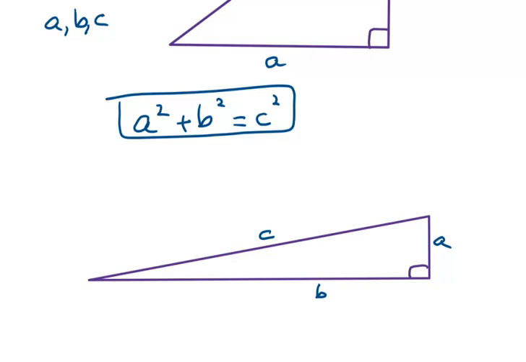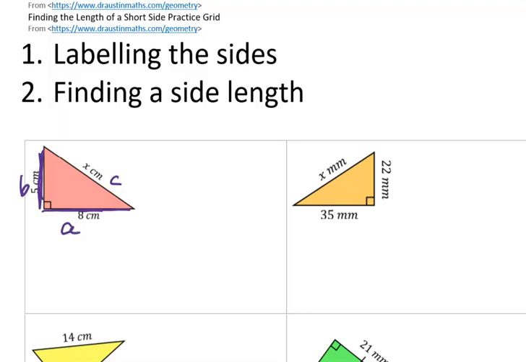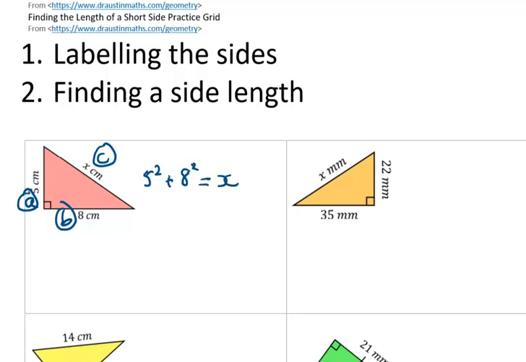All right, let's get into the 6 problems. I've done them up a little bit bigger here, and I've started off with just doing some labeling on this very first one, but let's start from scratch. So I'm going to make this side A, and this side B, and this side C. So we can write out 5 squared plus 8 squared is equal to x squared, right?